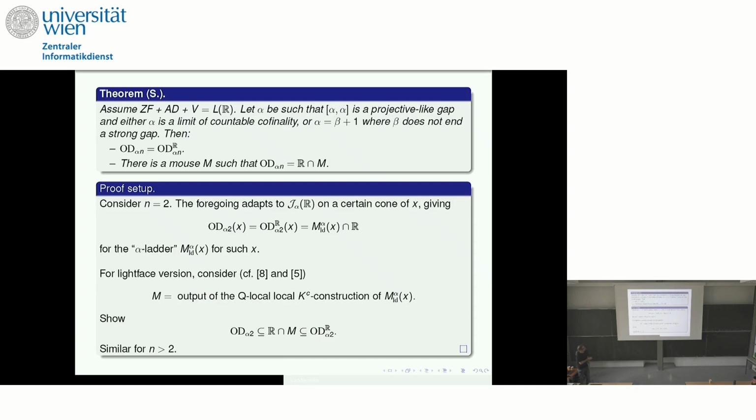Instead, if you do a local KC construction, then you never project across a limit cardinal, and so these things are stable. Local just means that it's a P construction at every local Woodin cardinal, so you automatically absorb the two structures match up. And then the output of this model is the Mouset theorem.